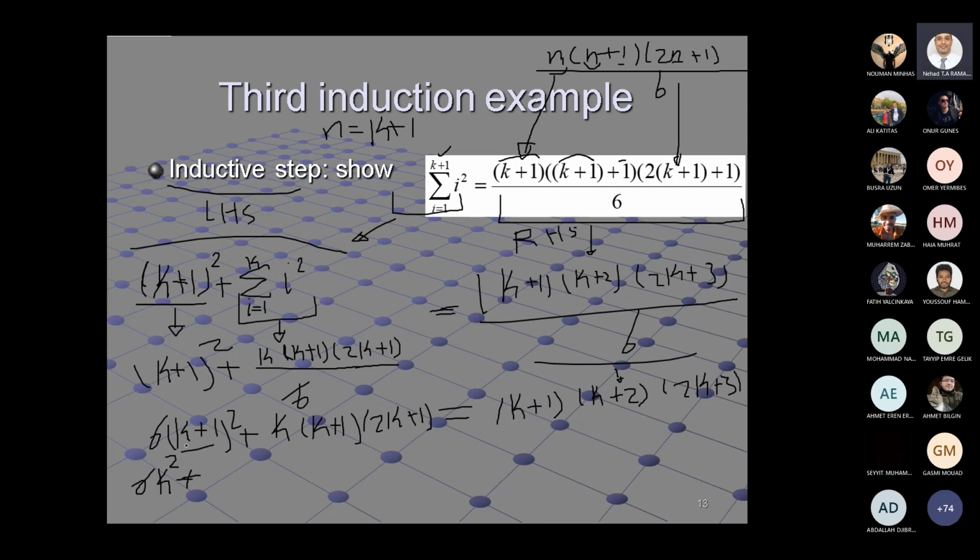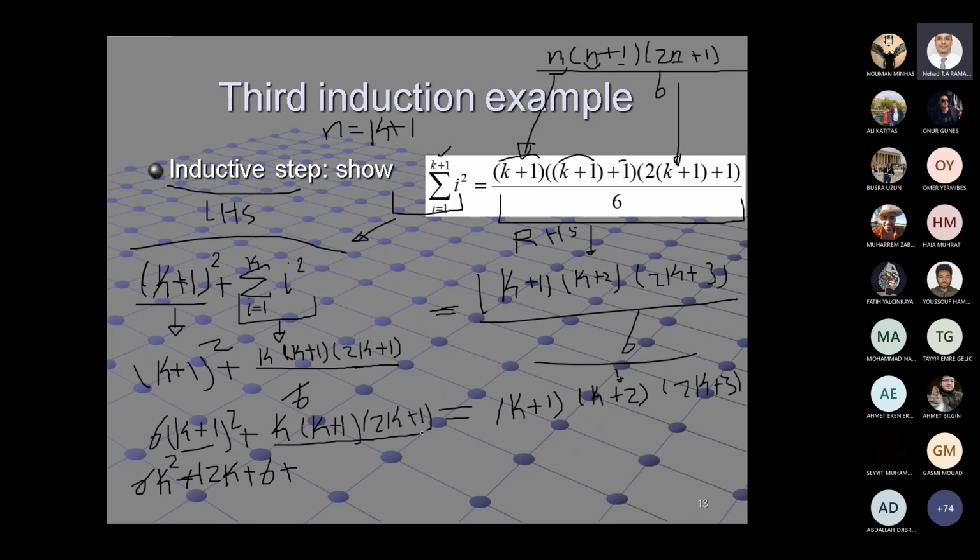It's k square multiplied by 6, so 6k square. Then k multiplied by 1, k multiplied by 2, 2k multiplied by 6, so 12k plus 1 square, because it's inside the perfect square, so it's 1 multiplied by 6, so plus 6 plus.